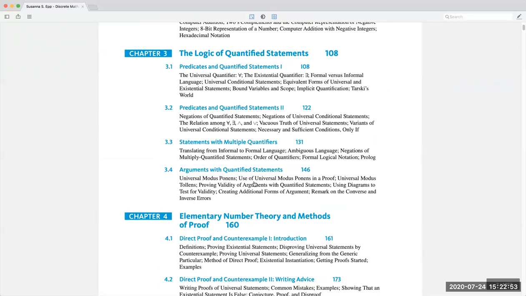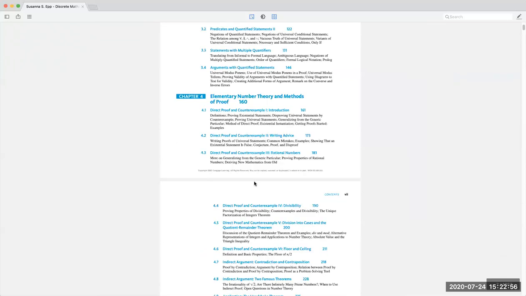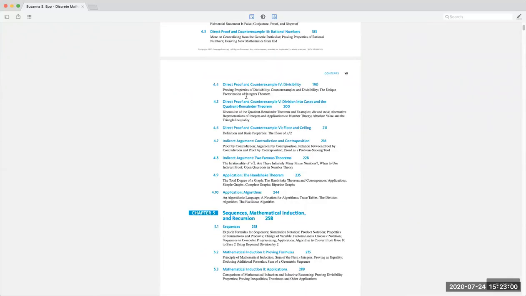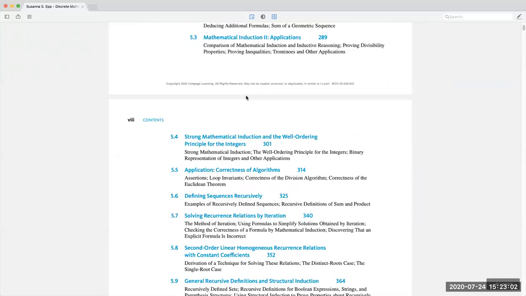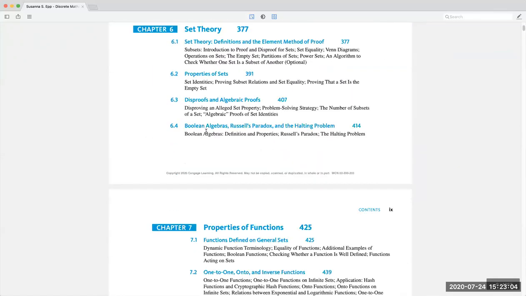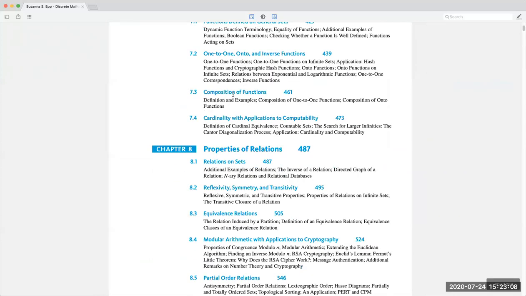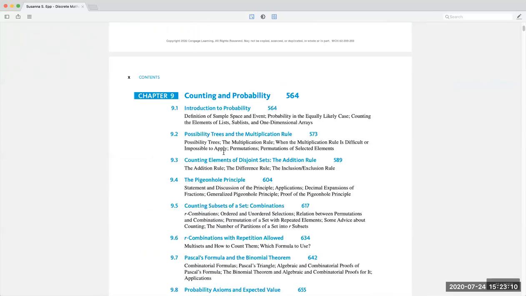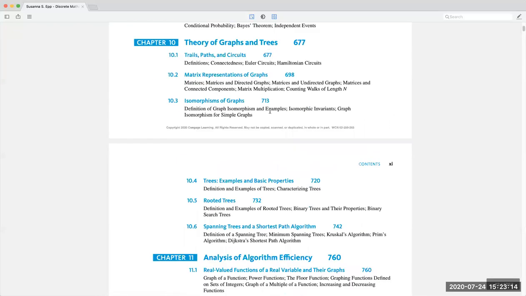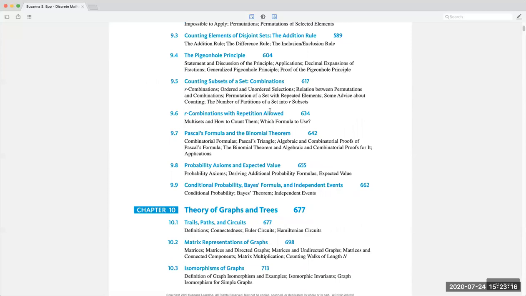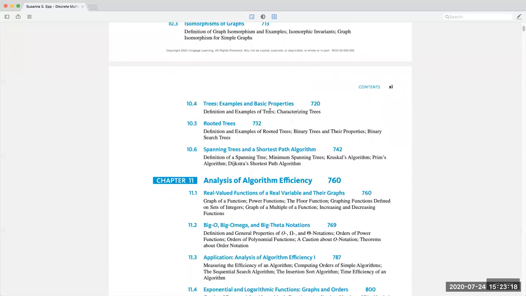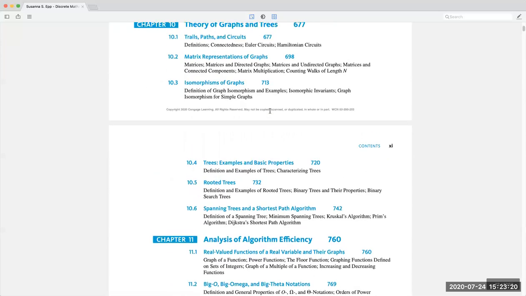We use another book for number theory, then we go on to the set theorem, and then counting and probability. We may still need to spend 4 more lessons on the mathematics part.